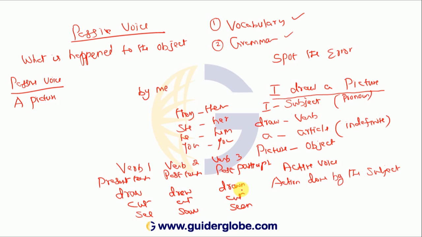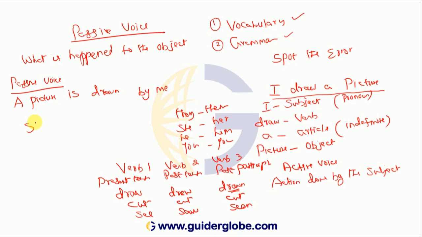Like this, various V1, V2, V3 are there that you have to remember. A picture, present tense, so you write is. What is V3? Drawn. Is drawn by me. This is the answer: A picture is drawn by me.